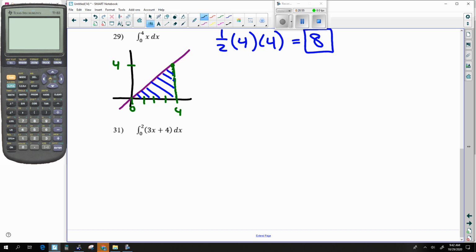Okay, here they have the equation 3x plus 4. This will have a y-intercept of 4. So I'll count in twos: 2, 4, 6, 8, 10, 12. This is going to go 1, 2.